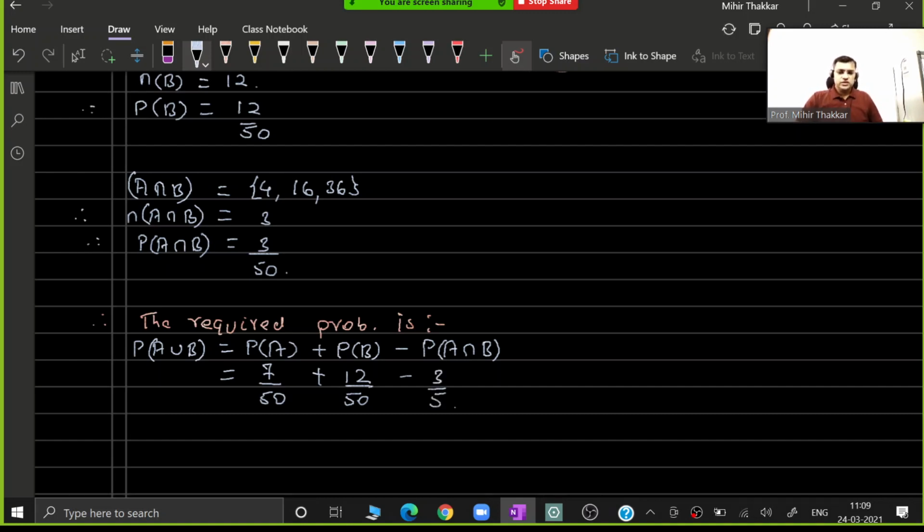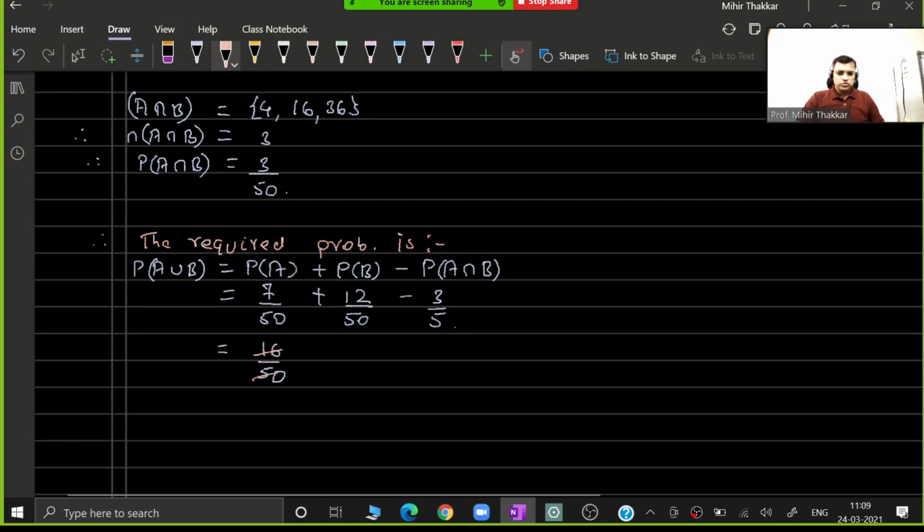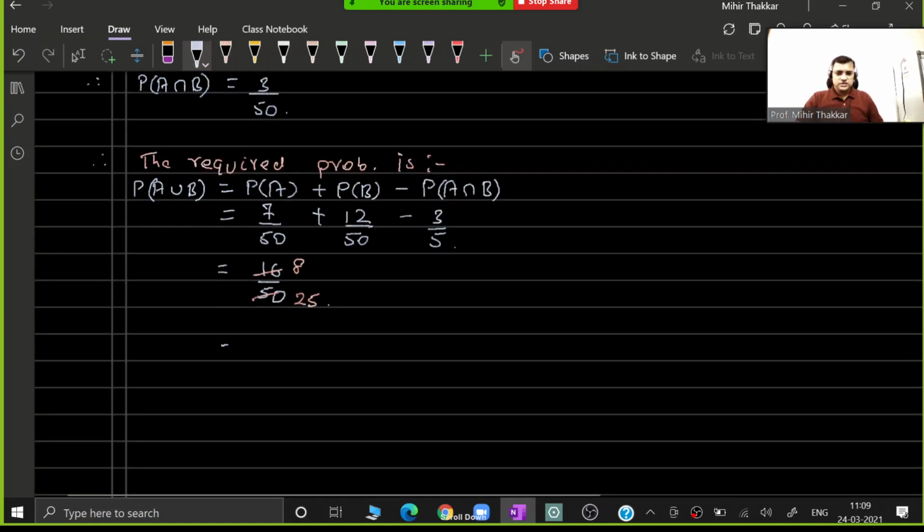So that will give me equal to 16 upon 50. Yes. And reducing it, it will come out to be equal to 8 upon 25. That is your required probability. Isn't that very simple, guys?